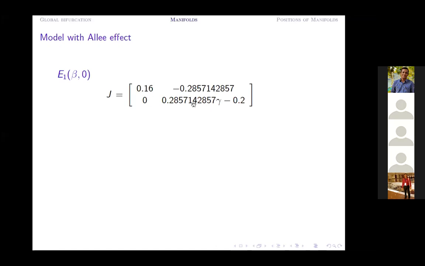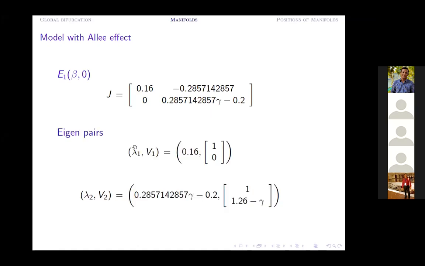So for this system, you can find that one eigenvalue is always positive because it is an upper triangular matrix. The second eigenvalue may be positive, may be negative, but whether it is positive or negative, quickly you can find the corresponding eigenpairs. So this is the eigenpair corresponding to the eigenvalue 0.16, and this is the eigenpair, that means eigenvalue and eigenvector, corresponding to this eigenvalue, this one.